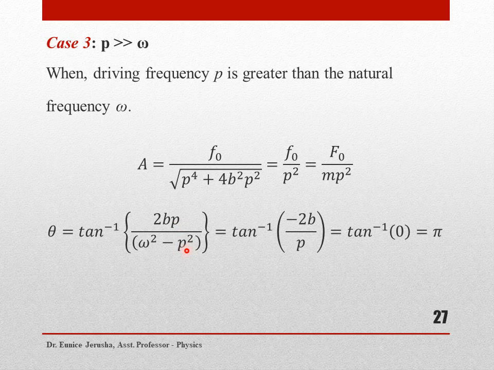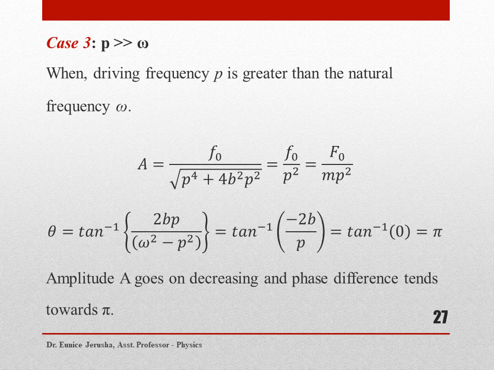P in the numerator and denominator gets cancelled. We obtain minus 2B divided by P. P being a very big term, we can assume that it tends towards infinity. If P in the denominator tends towards infinity, we will have tan inverse 0, and tan inverse 0 is nothing but pi.